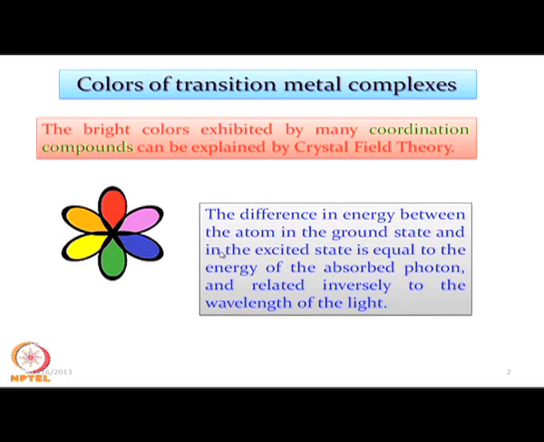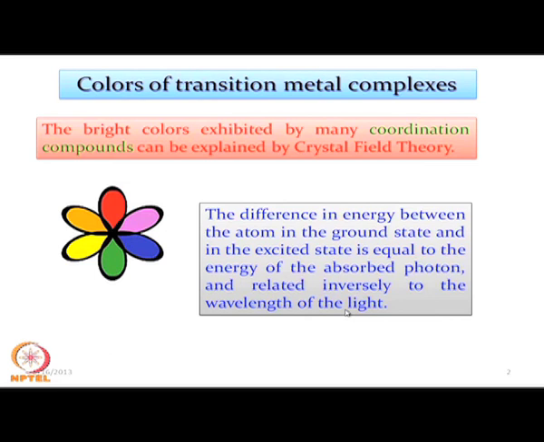The difference in energy between the atom in the ground state and the excited state is equal to the energy of the absorbed photon. This is true for any atomic system, and also for our molecular systems, and is related inversely to the wavelength of the light.